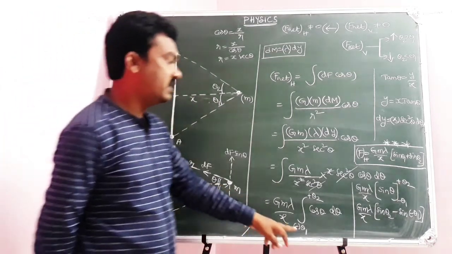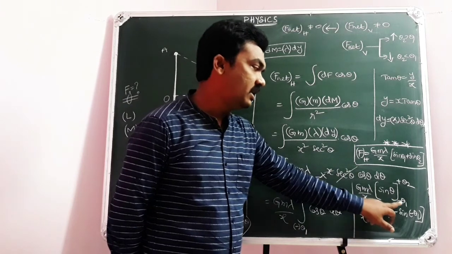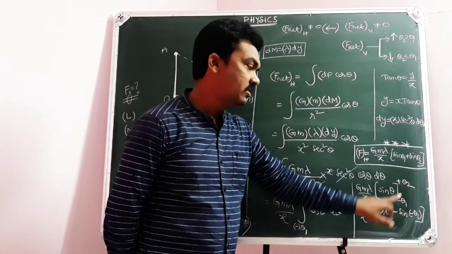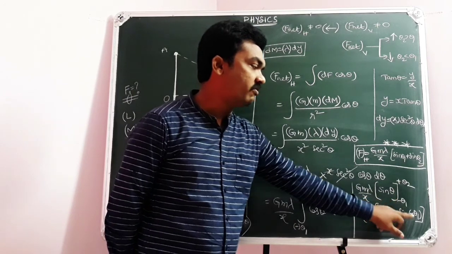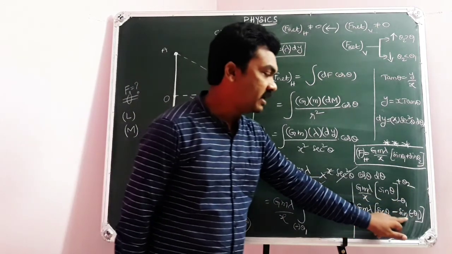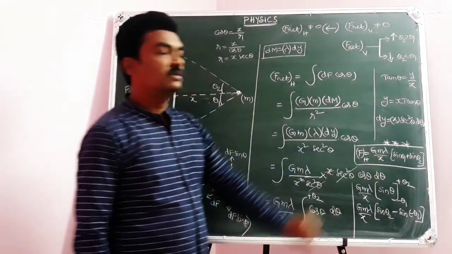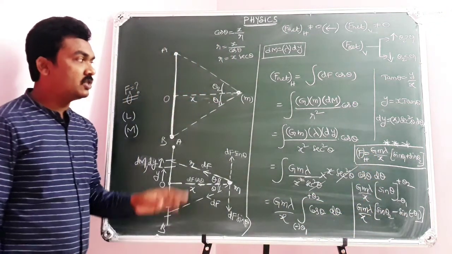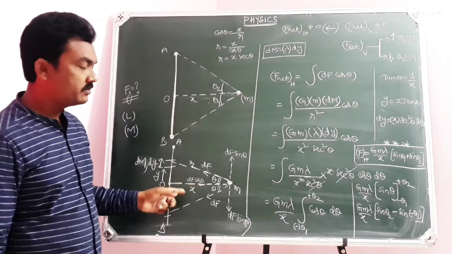That's why the limits are minus theta 1 to plus theta 2. Integral of cos theta is sin theta between the limits minus theta 1 to plus theta 2. So first the upper limit sin theta 2 minus the lower limit sin of minus theta 1. But sin of minus theta is minus sin theta, minus minus becomes a plus. So that's all about the net horizontal force towards the rod.